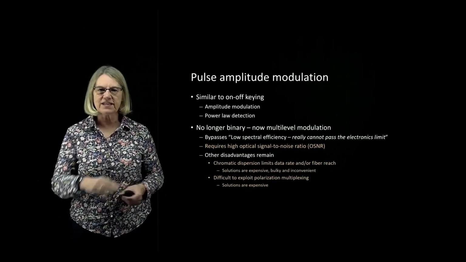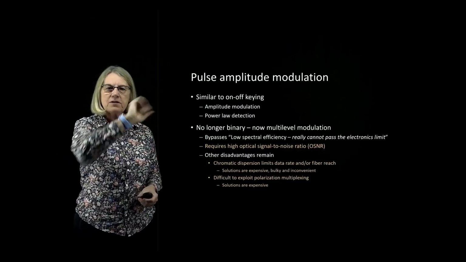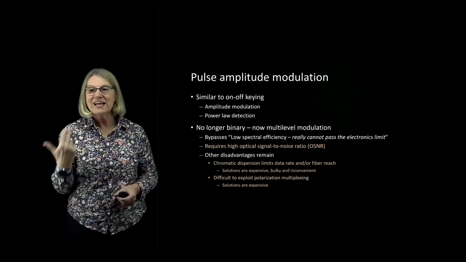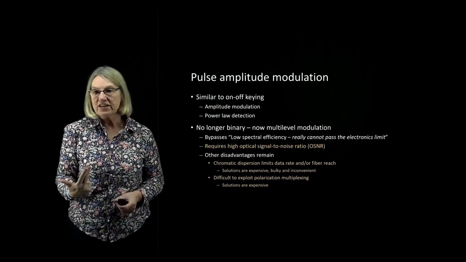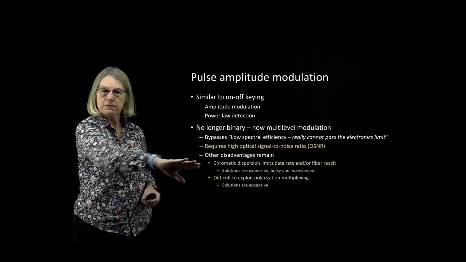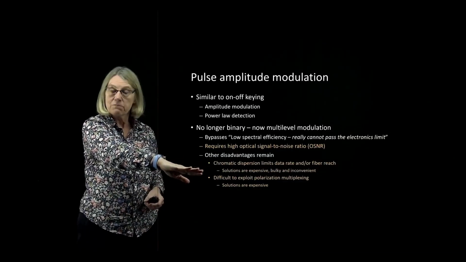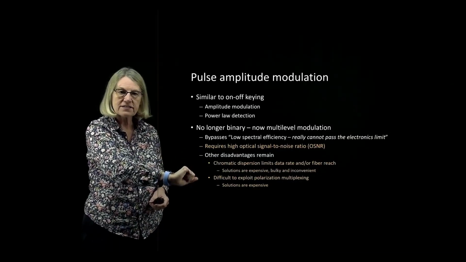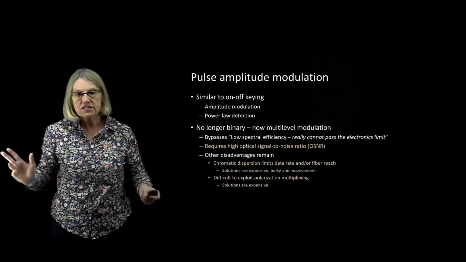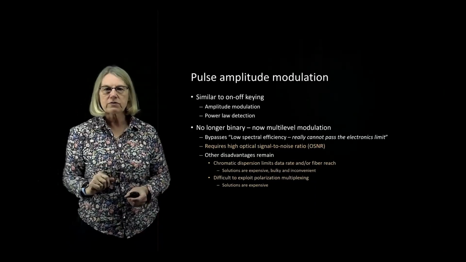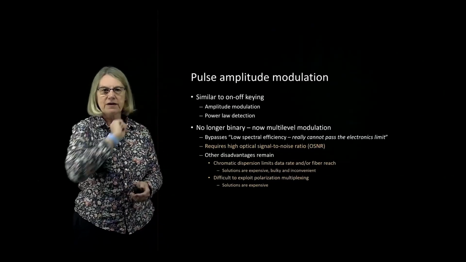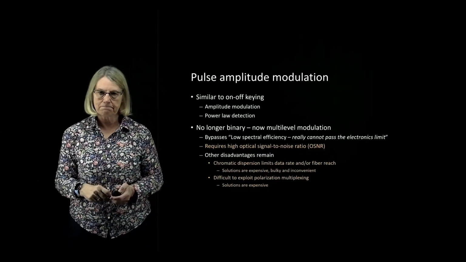It's not just that it's binary, but pulse amplitude modulation retains some of those other disadvantages I mentioned earlier. It's still limited by chromatic dispersion, and it's just as difficult to exploit polarization multiplexing with pulse amplitude modulation as it is with on-off keying.